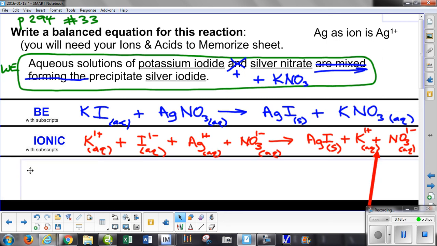And now we go to the net ionic equation, and to do that we're going to start at the right. So Neville, would you tell me, what are we going to write down here? Silver iodide or potassium and nitrate ions?